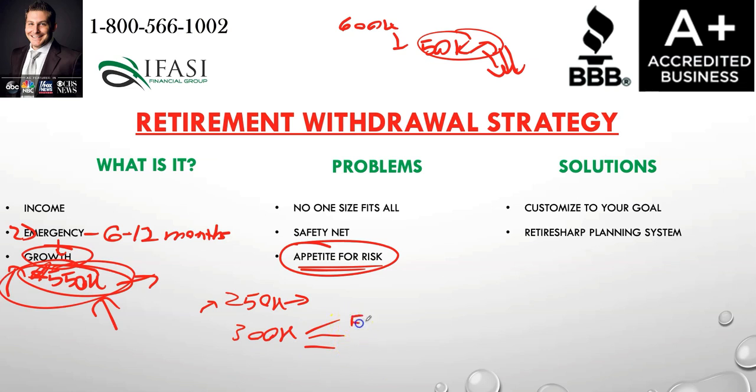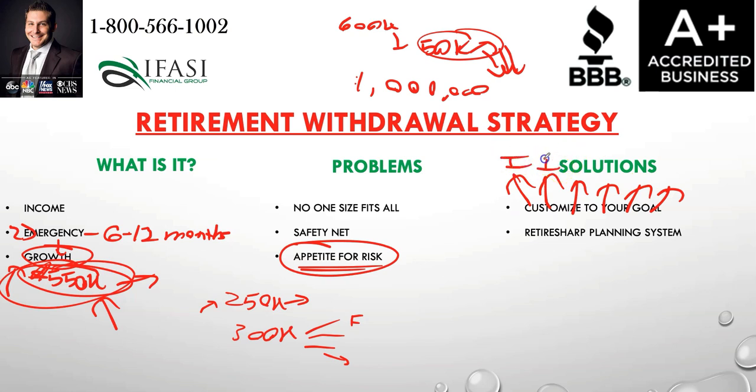Maybe that might be fixed index related accounts or market linked CDs, whatever that case might be, and then other portions into fixed related accounts. So you're taking $1 million of assets and creating a customized blend of different accounts and different strategies that are now being worked on an optimal basis.